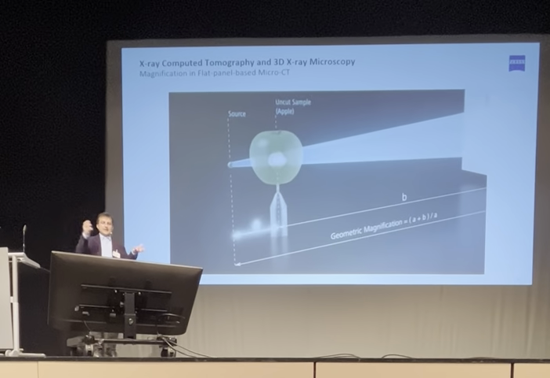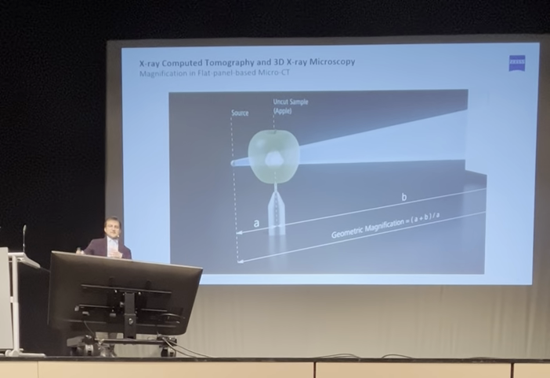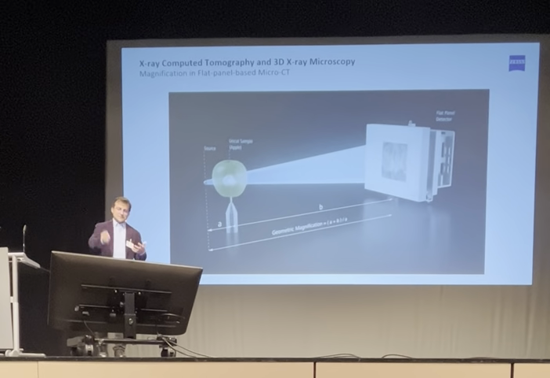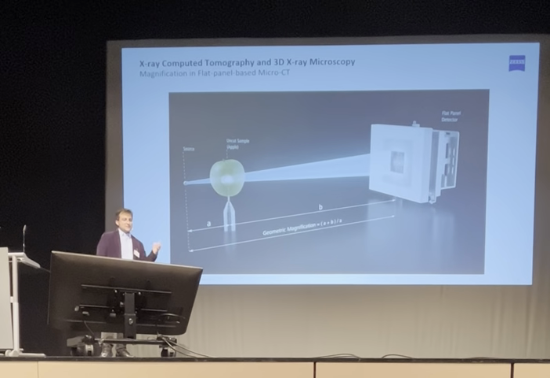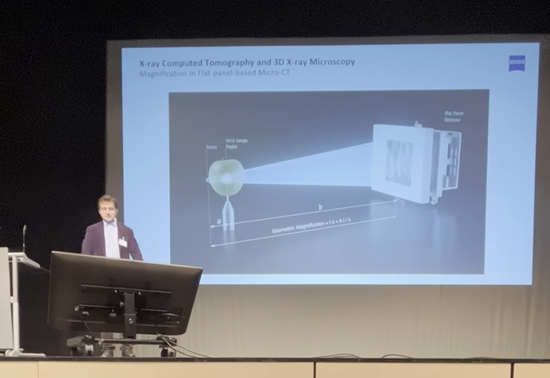If you imagine that you have an apple and you want to scan the seed of the apple with a macro-CT that uses a flat panel detector, the apple has to be very close to the X-ray source, and you don't want to hit the source, so that's your limitation.